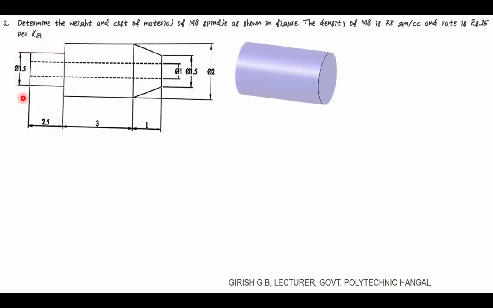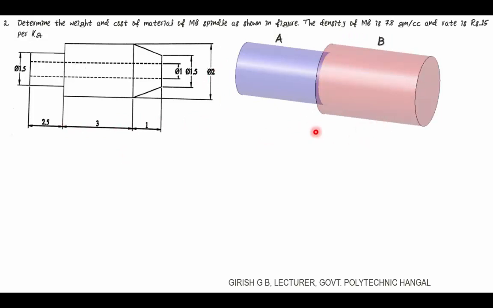Let's call this first part as part A, and the corresponding volume for part A will be VA. The second part is a cylindrical part having a diameter of 2 centimeter and length of 3 centimeter. Let's call this as part B. The third component is a frustum of cone. It has an outer larger diameter of 2 centimeter and smaller diameter of 1.5 centimeter.